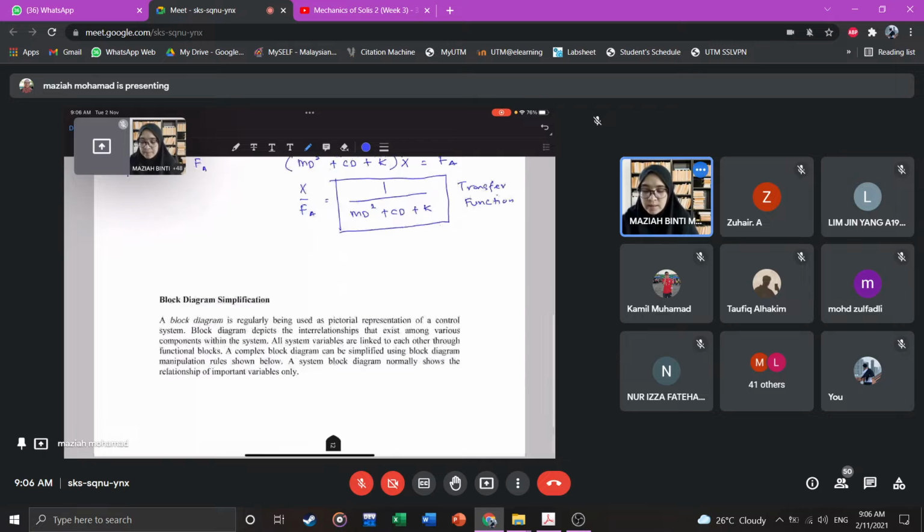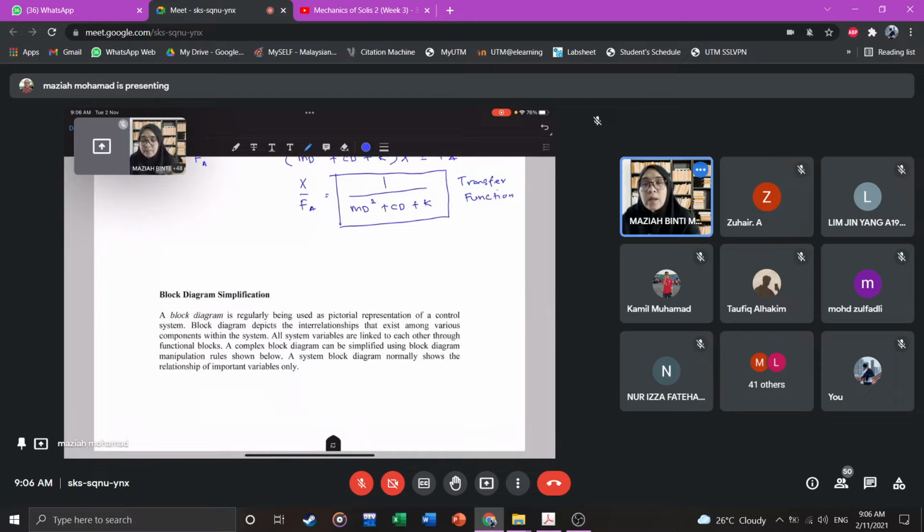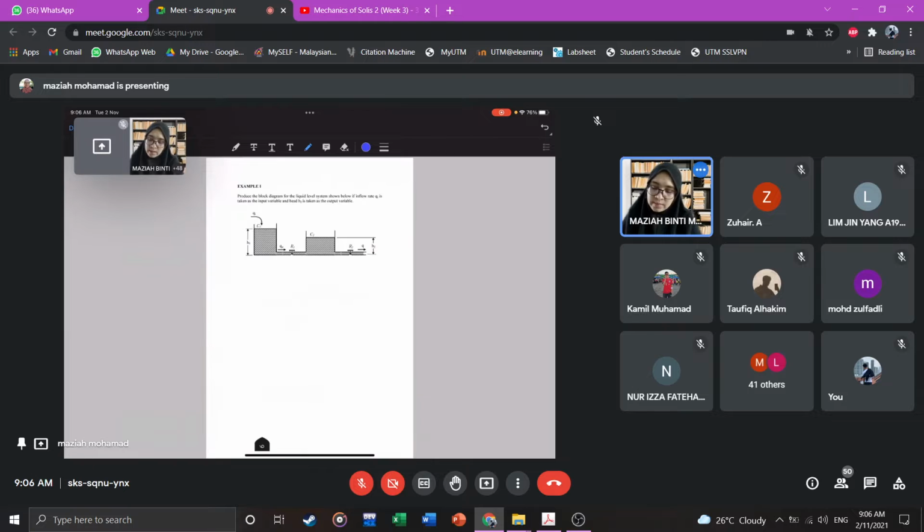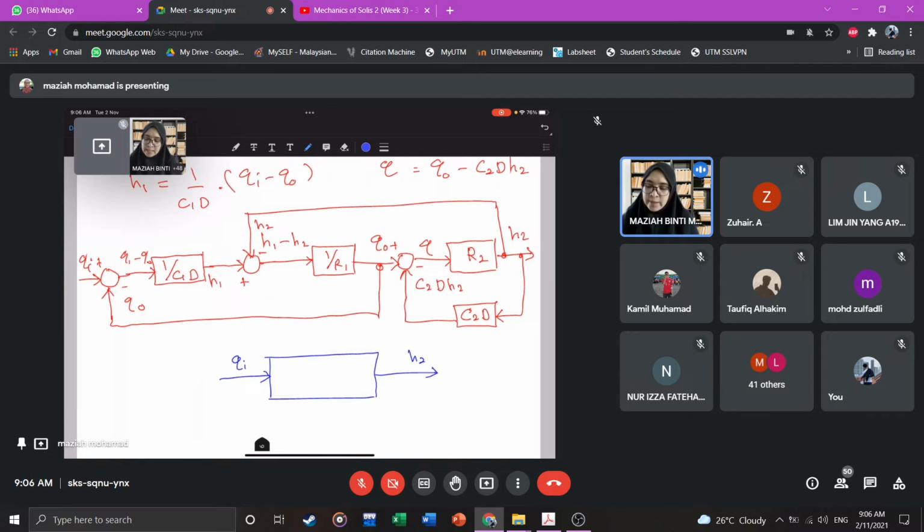Right, so now we're going to get the final transfer function here based on the block diagram that we have drawn. Okay, for example, this block diagram.